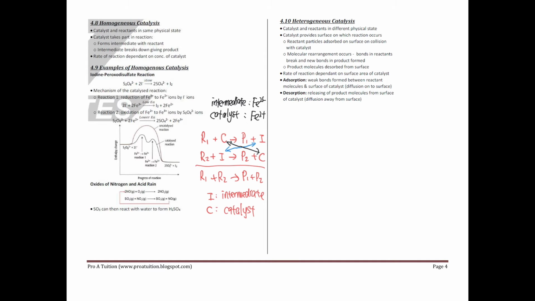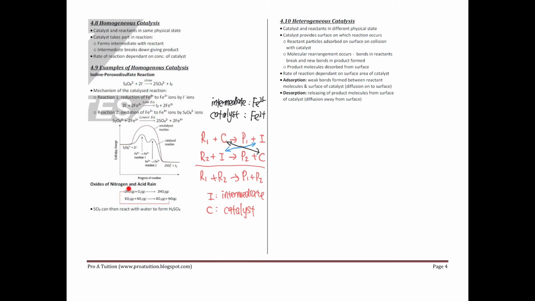Okay, now let's move on. Next part: oxides of nitrogen and acid rain. You can see this is the AS equation. Nitrogen monoxide plus O2 becomes nitrogen dioxide. The nitrogen dioxide, which is the intermediate, reacts with SO2 to form SO3, and NO comes out again.